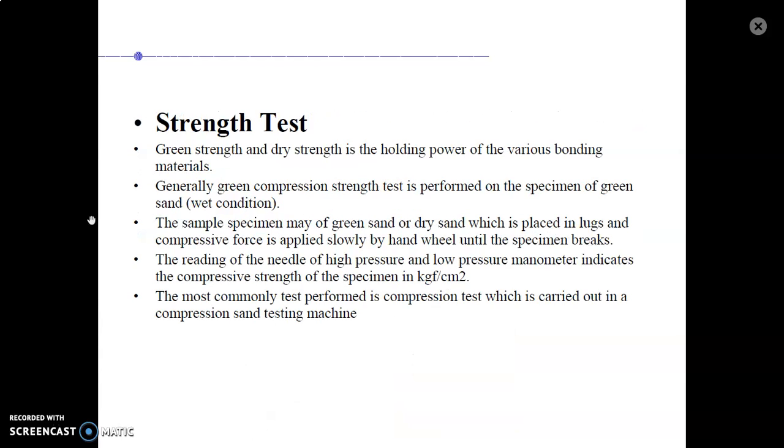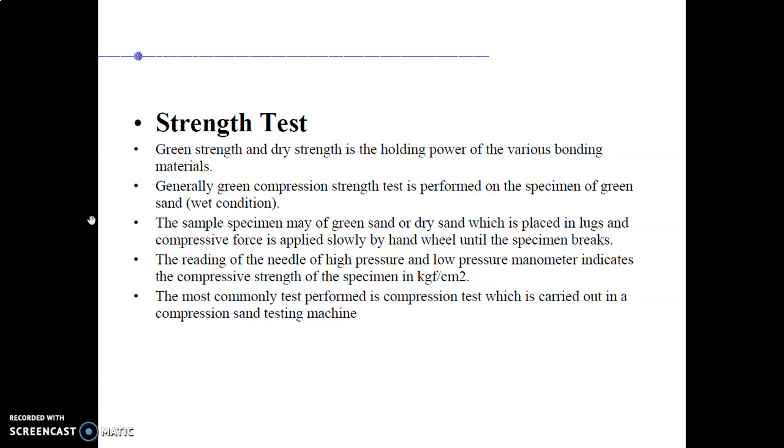Now next is the strength test. Green strength and dry strength indicate the molding power of the various bonding materials. Generally, the green compression strength test is performed on a specimen of green sand. The specimen, of green sand or dry sand, is placed in the jaws, and compressive force is applied slowly by the hand wheel until the specimen breaks.